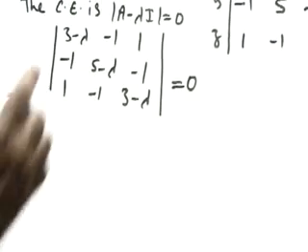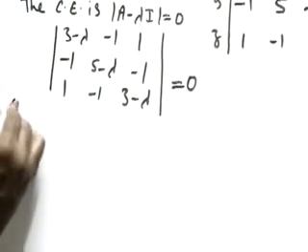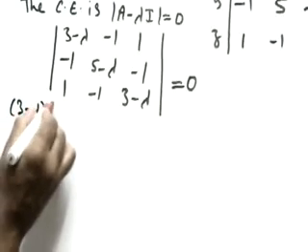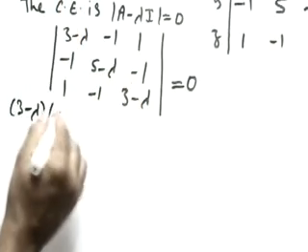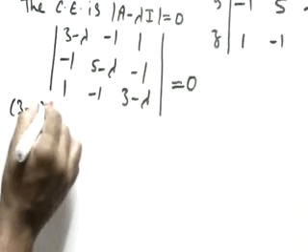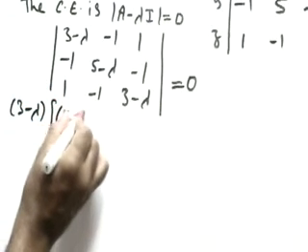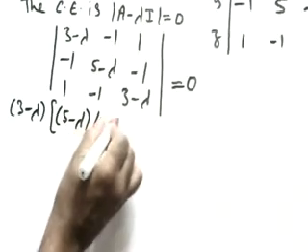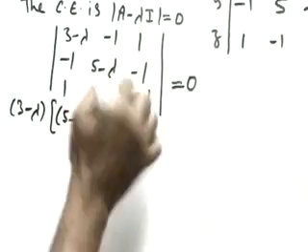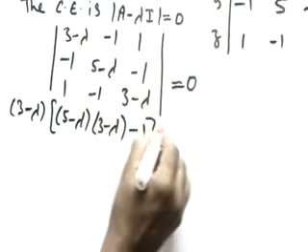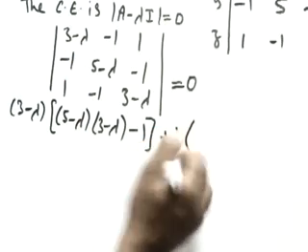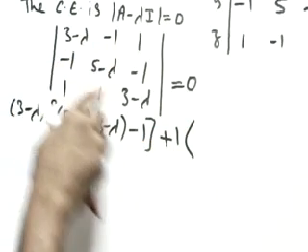Now let me expand this determinant. Take 3 minus lambda, hide this row and column, and multiply this 2 minus this 2. So this will be 5 minus lambda into 3 minus lambda minus 1. You have to change the sign of this -1, so write +1.